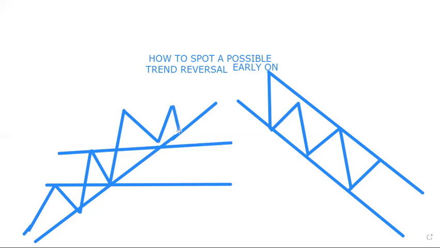Now, the third one: the candles of the impulsive move start getting shorter or smaller.